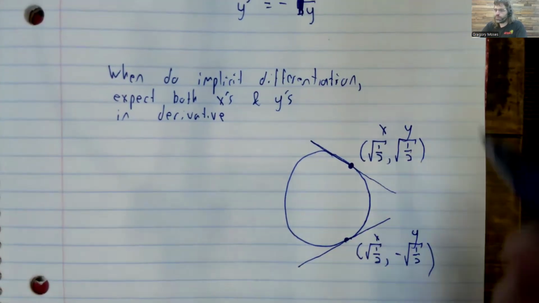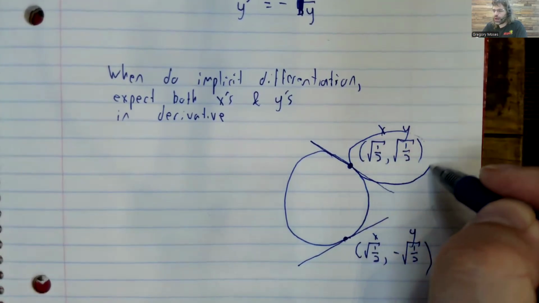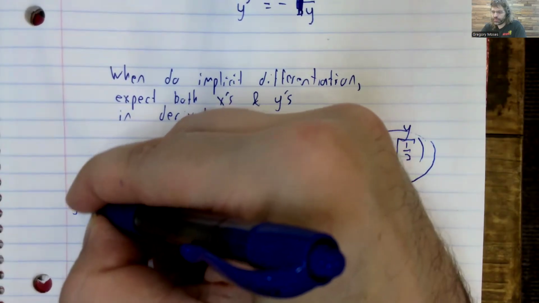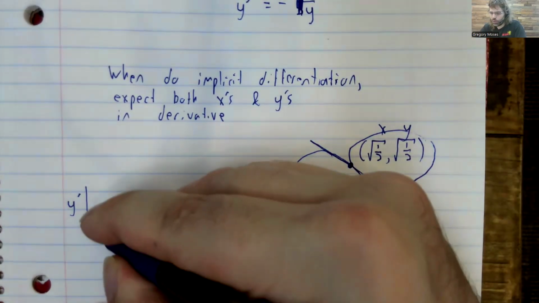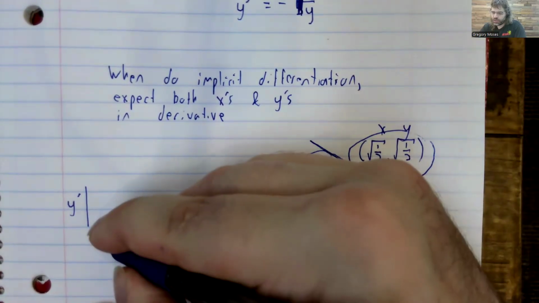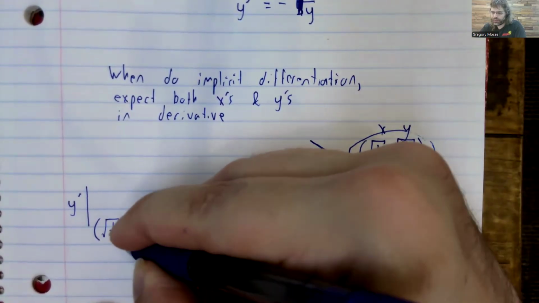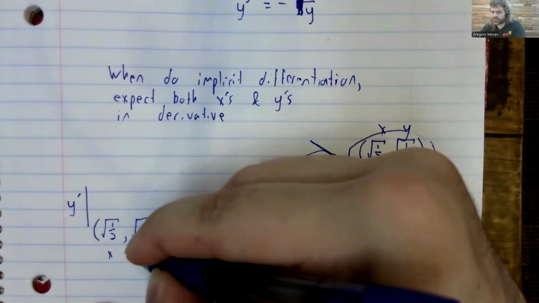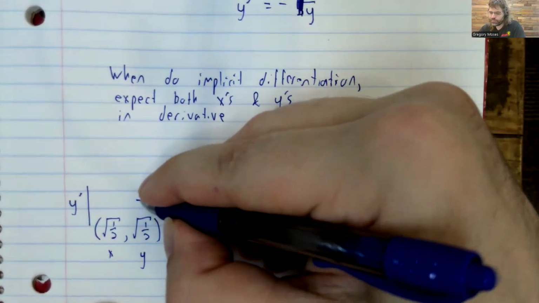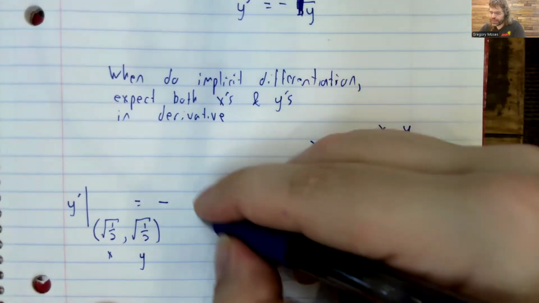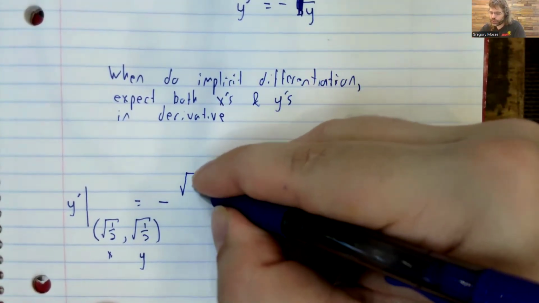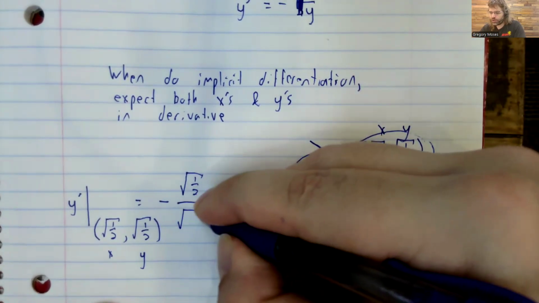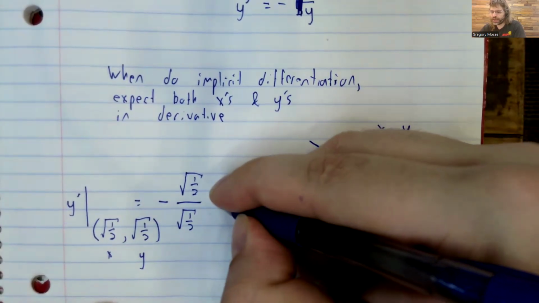Now, when I give you both x and y, y prime evaluated at the point, the square root of 1/2, comma, the square root of 1/2, now we have an x and a y, and it's negative x, the square root of 1/2, divided by y, also the square root of 1/2.